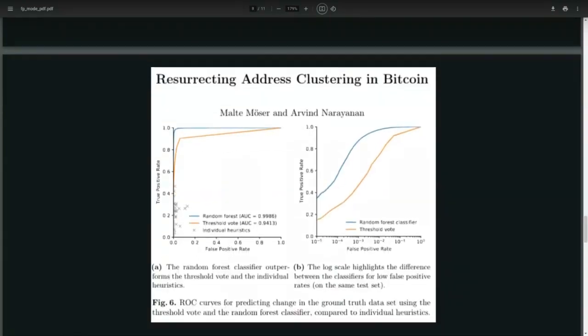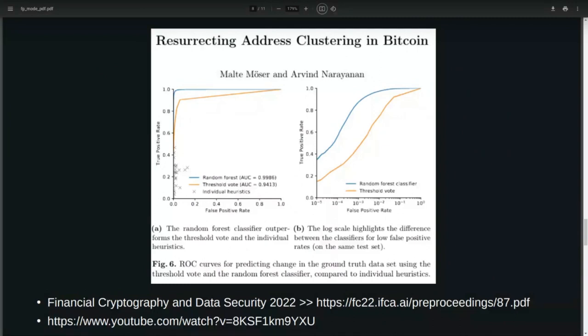And so to get into some of the research that's coming down the line, here's one paper from the Financial Cryptography Symposium, where two researchers from Princeton University have applied a machine learning algorithm to the Bitcoin blockchain data set in an attempt to what they call resurrect address clustering in Bitcoin.